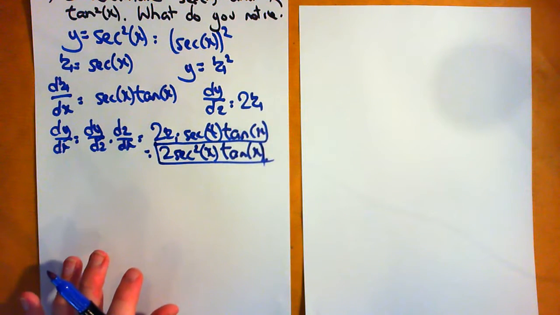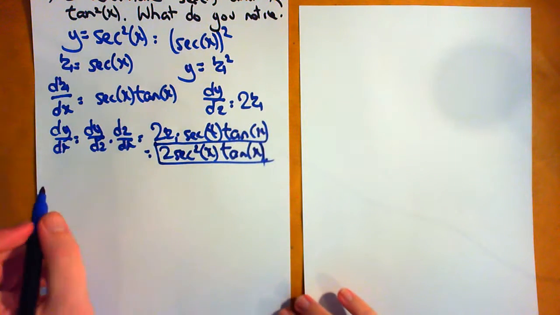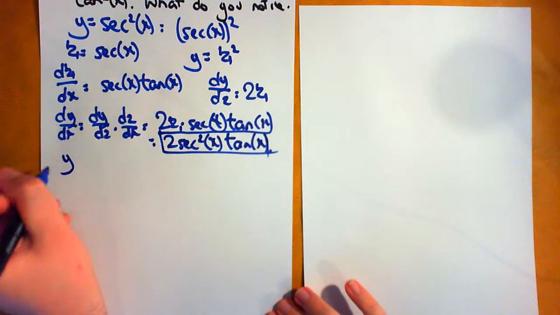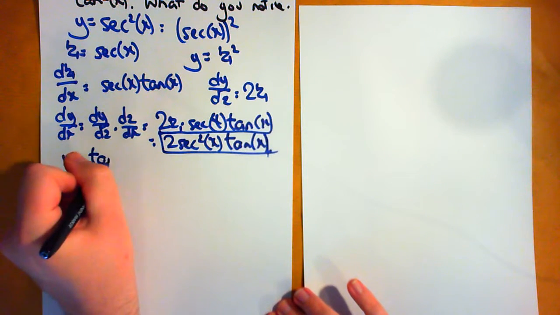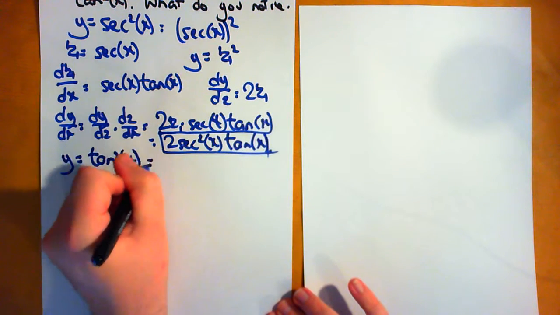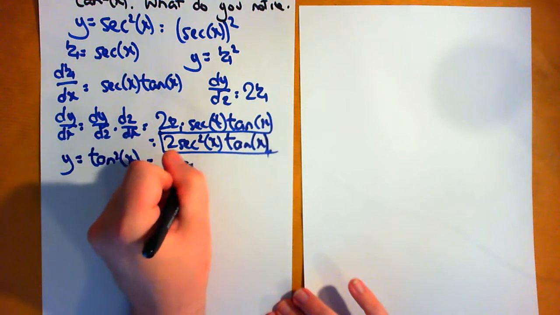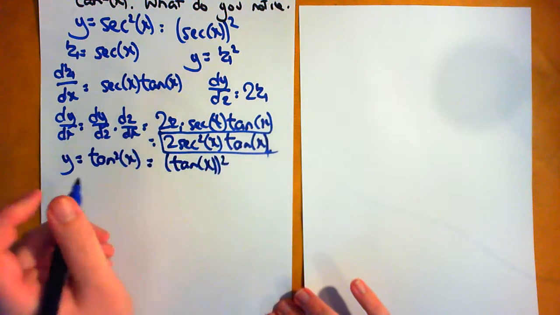Now we need to differentiate tan squared. So our approach is going to be the same. So we'll say y is tan squared of x, which is, as before, tan of x squared.